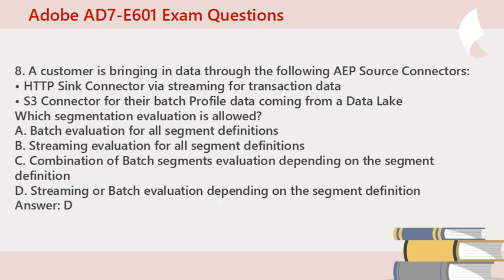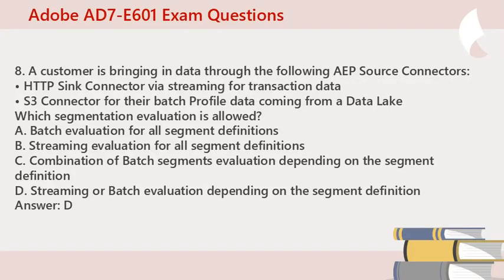8. A customer is bringing in data through the following AEP source connectors: HTTP API connector via streaming for transaction data, and S3 connector for their batch profile data coming from a data lake. Which segmentation evaluation is allowed?